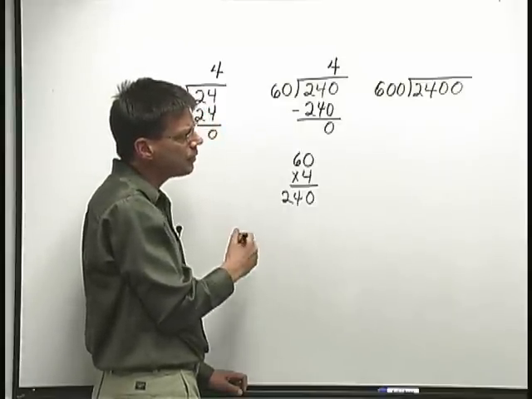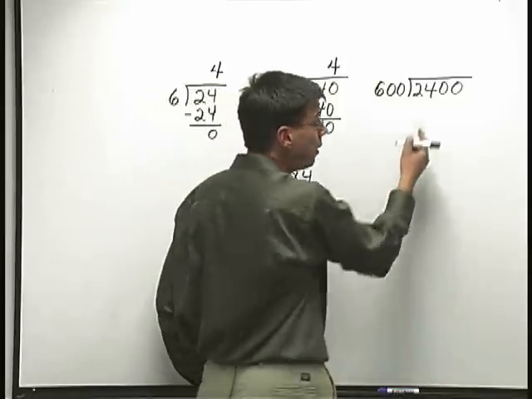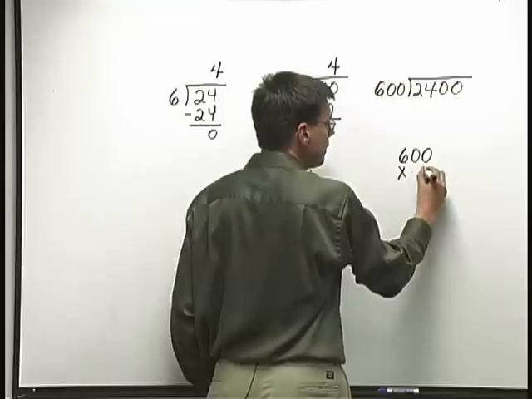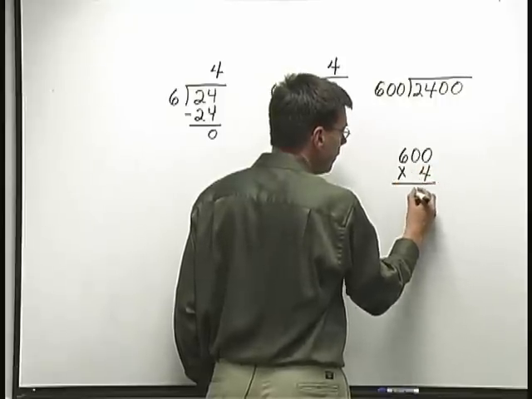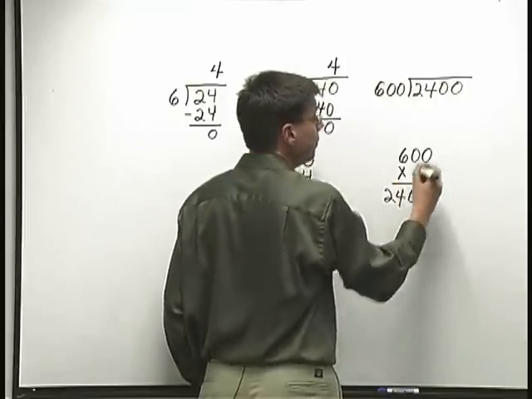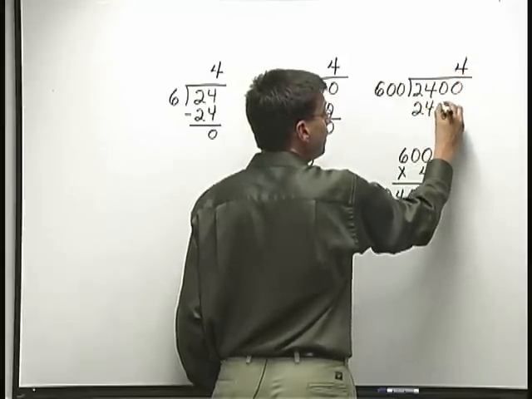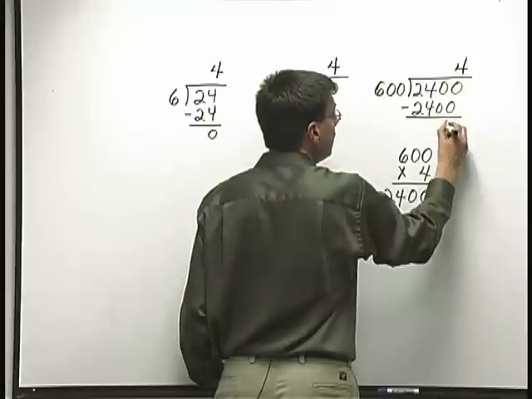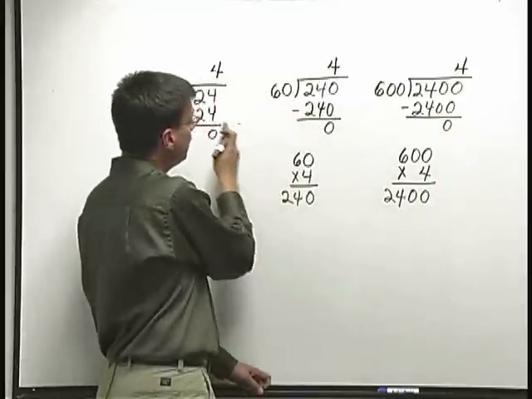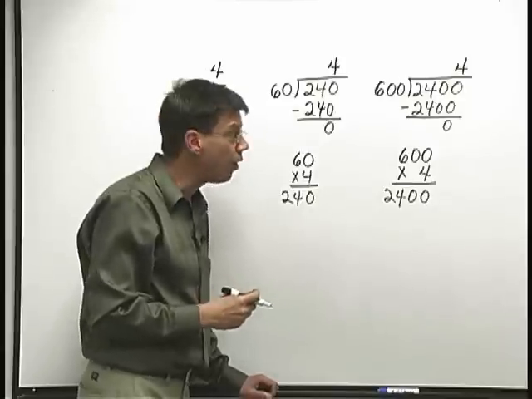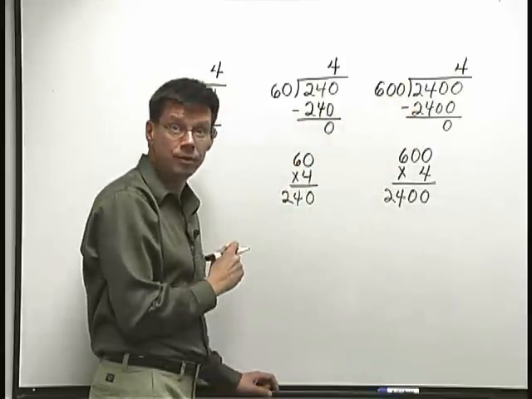But can you see 600 is just going to go in 4 times, because 600 times 4 is 2,400. The answer to this division problem is just 4. Each one of these 3 problems has the same answer, even though larger and larger numbers are involved.